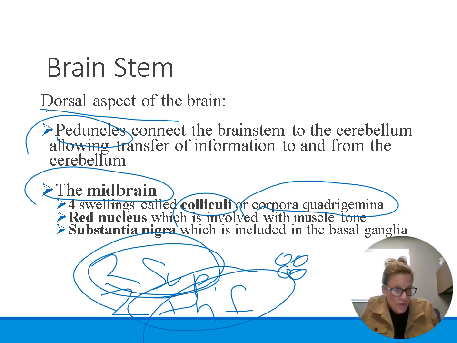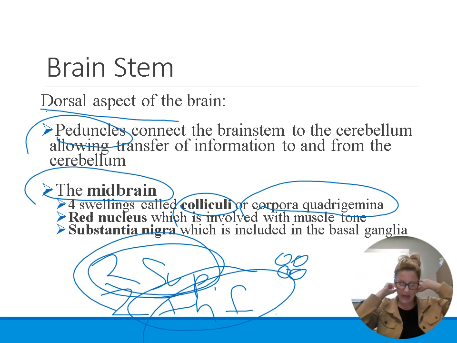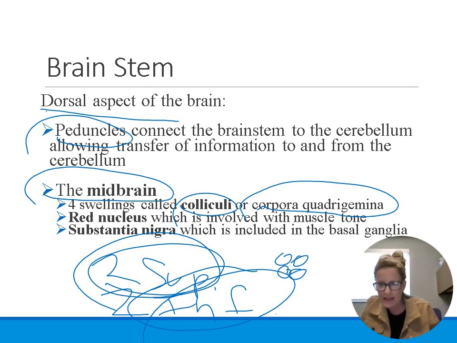The red nucleus, again, is involved with muscle tone. And then we also in the midbrain have the substantia nigra. The substantia nigra, remember, is included in those basal ganglia. The other basal ganglia that we talked about were higher up in the brain, but the substantia nigra is included in the basal ganglia.